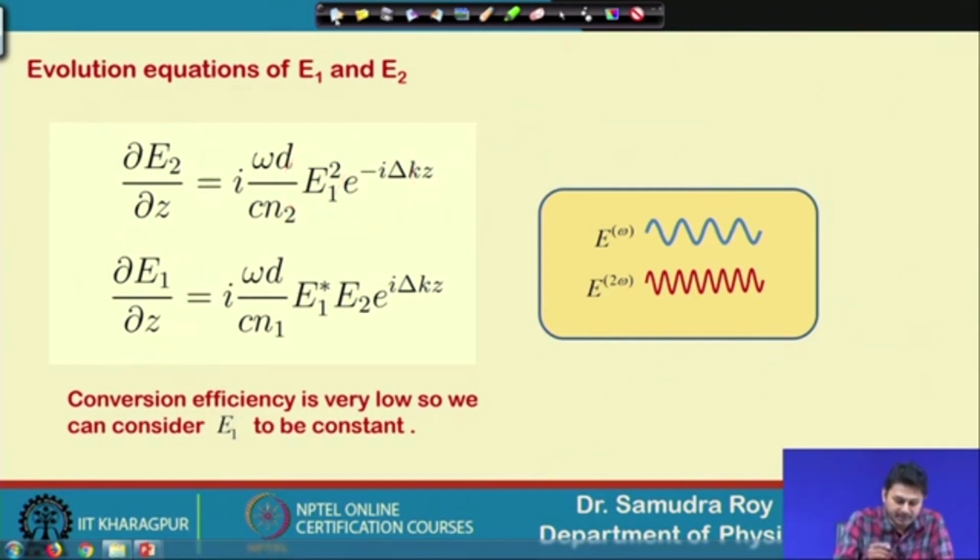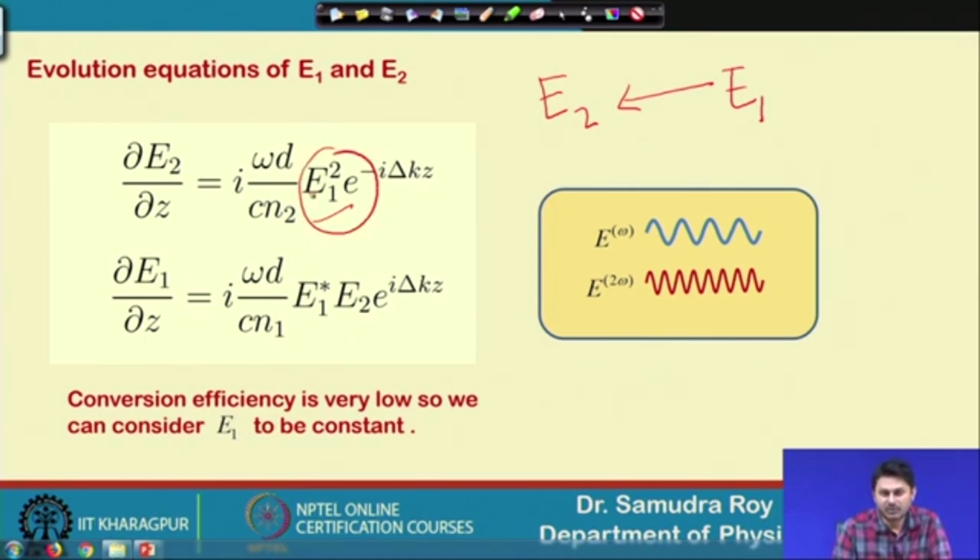When the efficiency is very small, then we can consider this E1 as a constant, because E1 is not going to change much, because the power for E2 is coming from E1. So, E1 basically gives the power to E2, and that is why in the source term E1 is sitting. Very little amount of power can be transferred from E1 to E2. So, we can consider that E1 is constant.